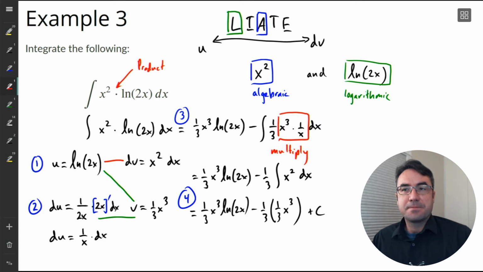Here we had x squared times natural log 2x. So there really was no complicated inner function. Yeah, there was the 2x there, but that's not a really complicated inner function. So really all we had was a product of two functions of x. And so that's an indication that we might need to use integration by parts.